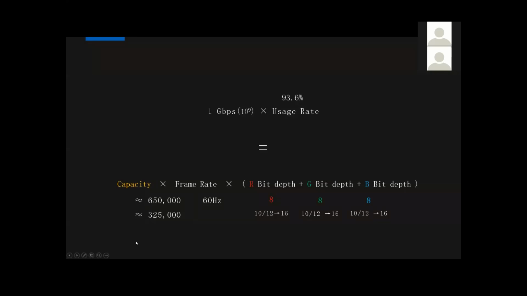The reason is, once it's going up to 10 or 12-bit, the system's internal algorithm considers it a second byte. So we know 8-bit is 1 byte. Once it goes to 10 or 12-bit, it's calculated by 2 bytes, which is 16 bits. So that's the reason why the loading capacity will be half. But you don't need to understand why it is half. You just need to remember that when your input is 10 or 12-bit color, the loading capacity will be half.